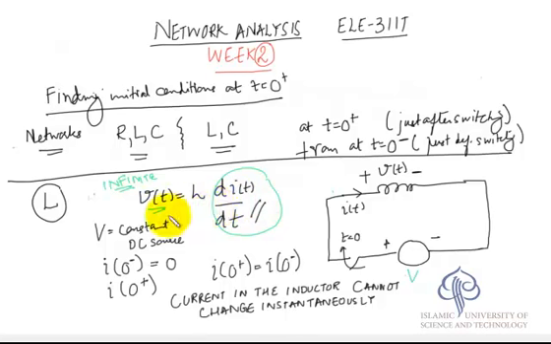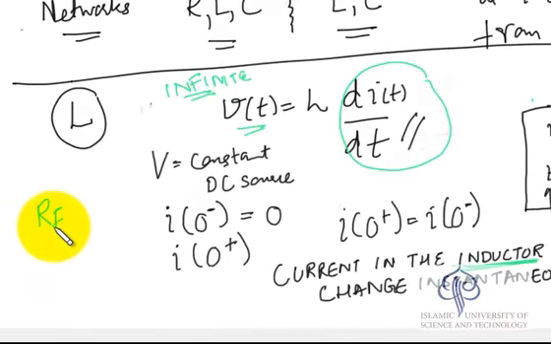And what does it mean? It means that an infinite amount of voltage has to be applied. And basically, inductor is defined as the property of the circuit which resists the change in current.